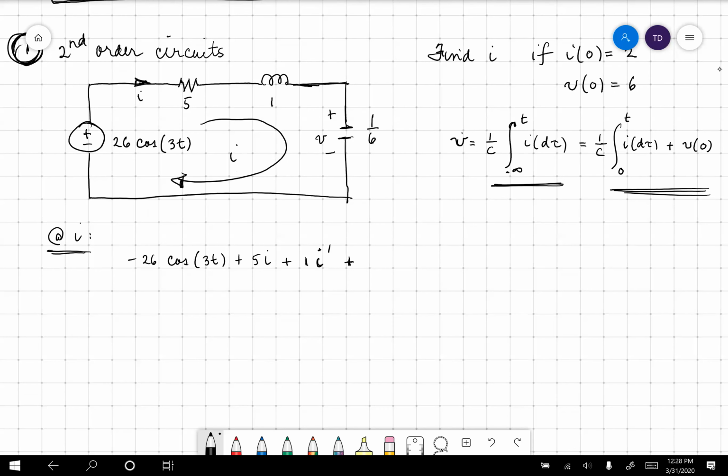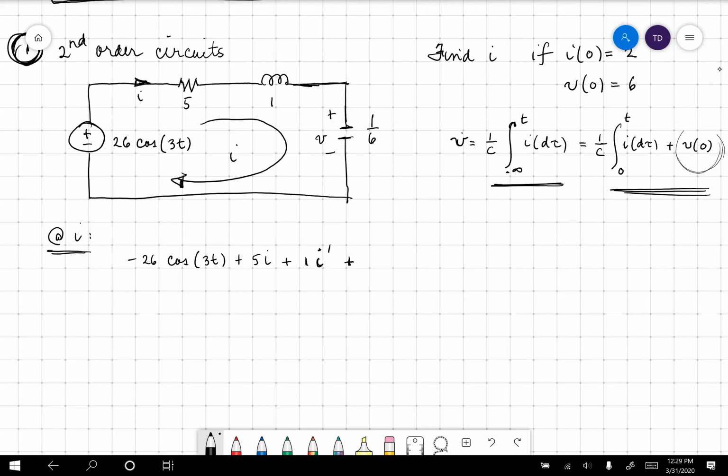By the way, they both work, but if we don't use the second one, we'll have to do something different in order to get the second initial condition that we really need. The reason it works really well is because we know information about V at 0. What we don't know is what's going on from 0 to t.